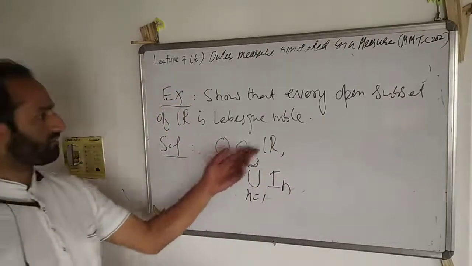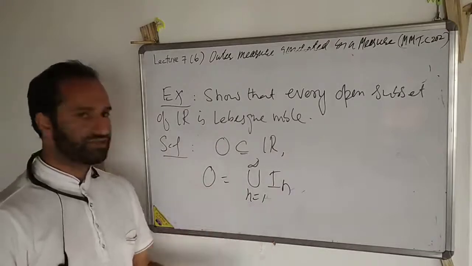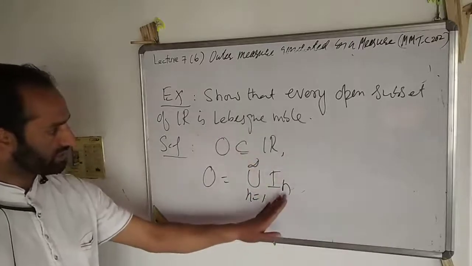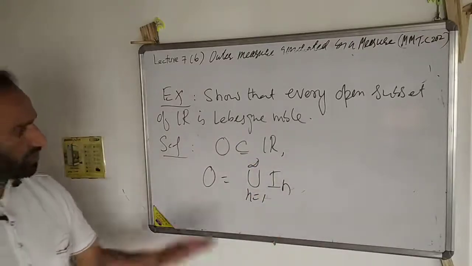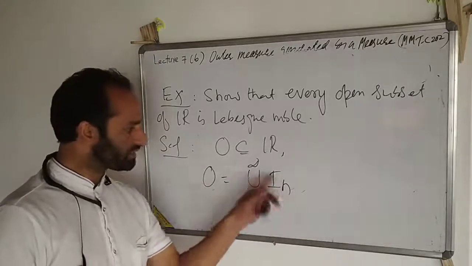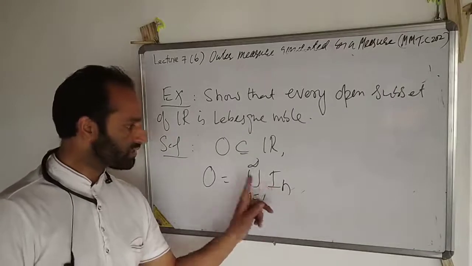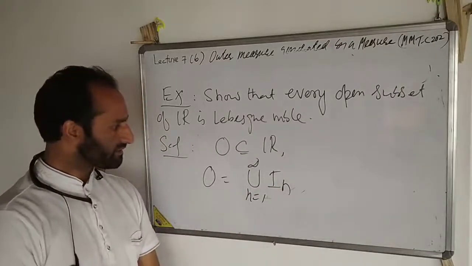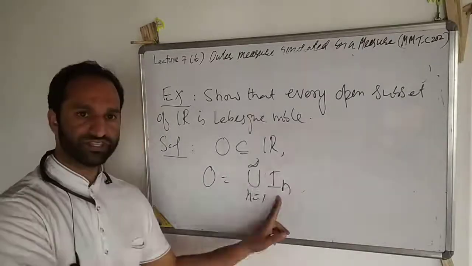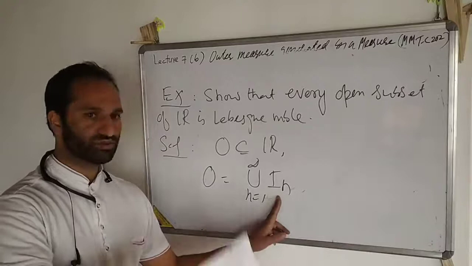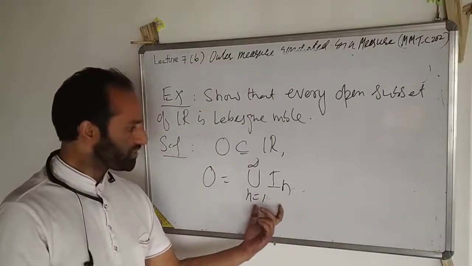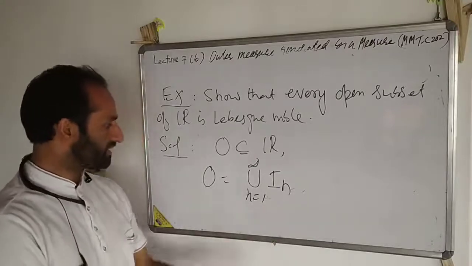Every open subset of R can be written as a disjoint union of open intervals, and you know, as done in the previous example, each open interval is measurable. So it is a countable union of measurable sets. And the class of measurable sets is a sigma algebra, that is, it's closed under countable union. Therefore, this countable union of measurable sets is again a measurable set, and that means O is measurable.